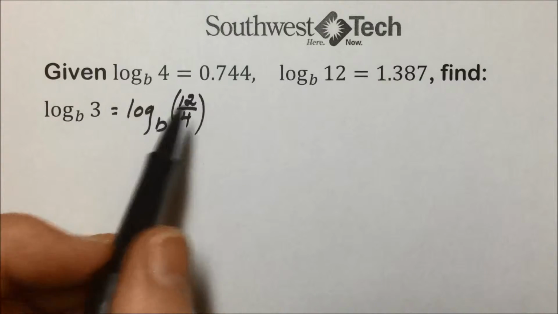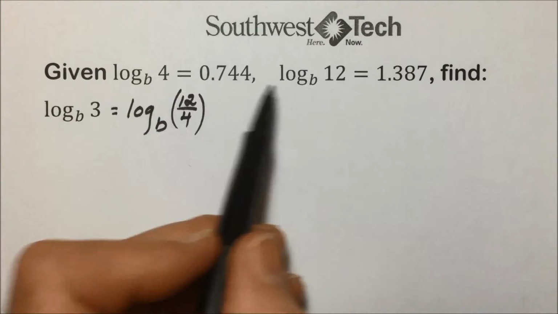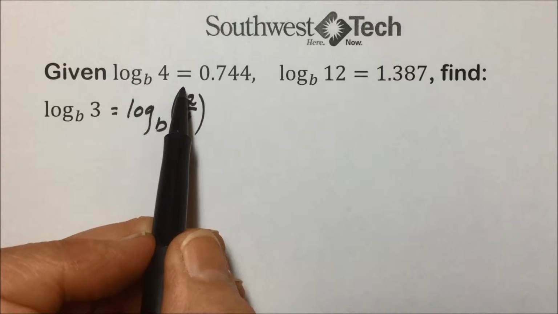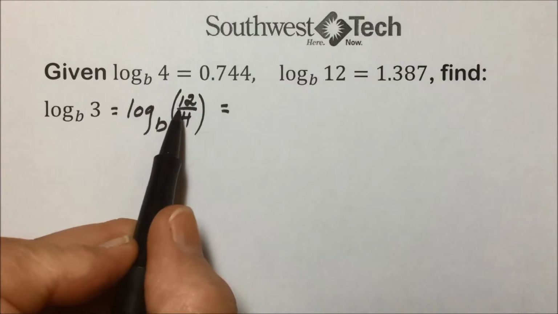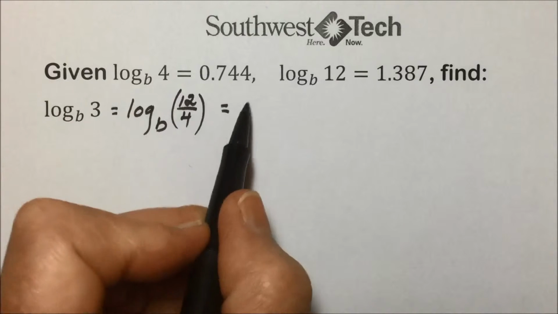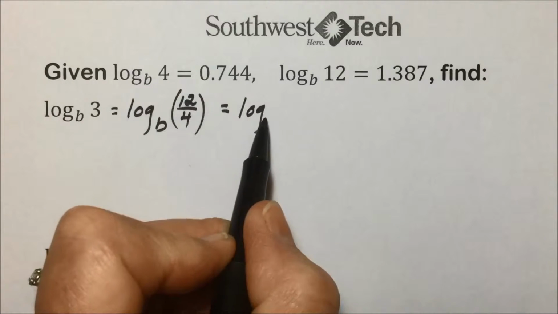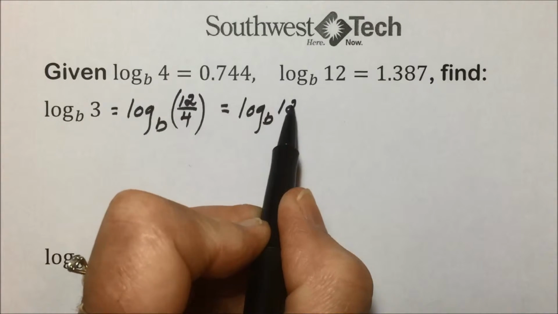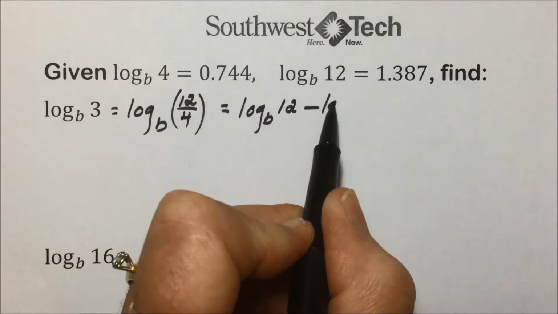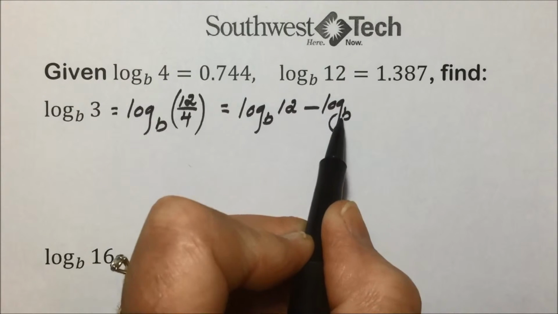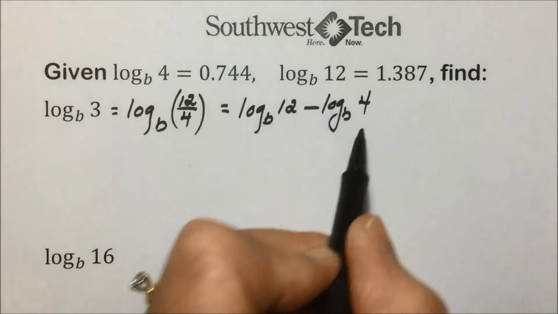By transforming it into logarithms whose values we know, we can use our quotient property of logarithms, which says that a quotient is the same as the difference of the numerator minus the denominator.